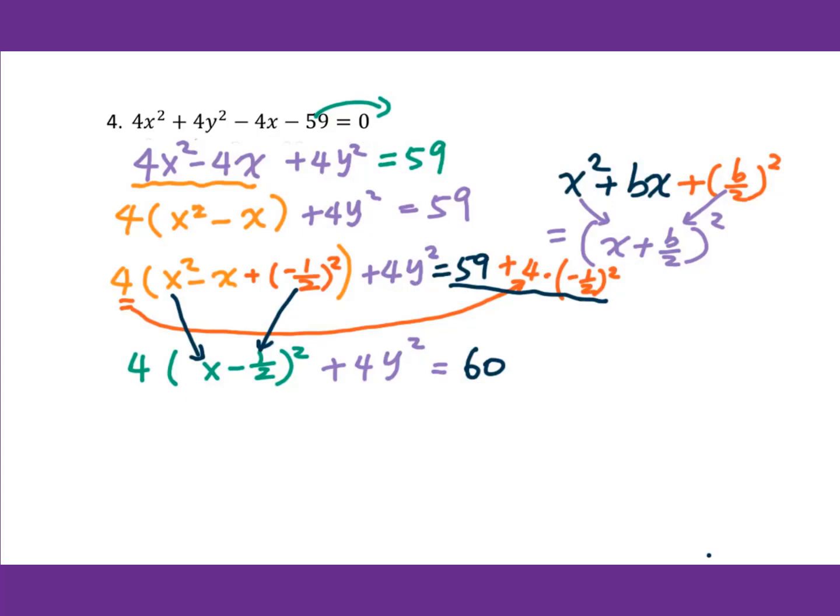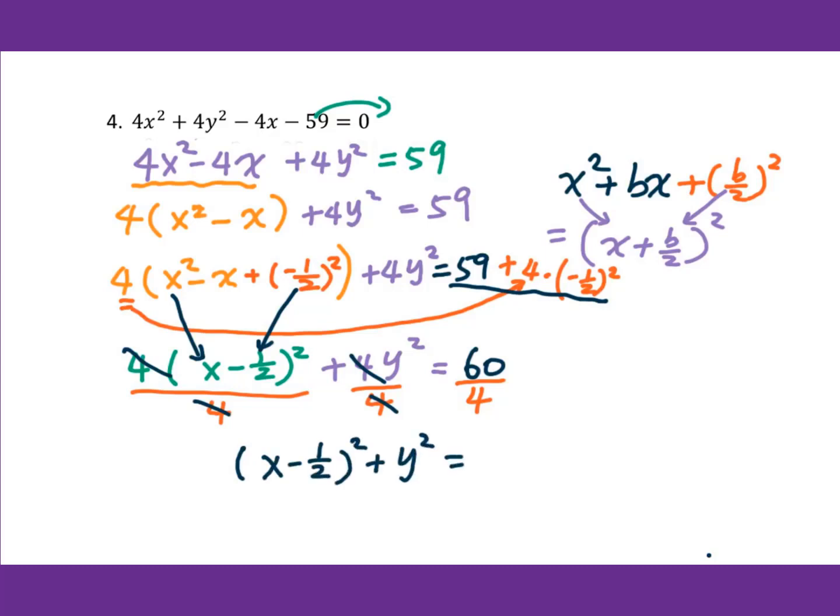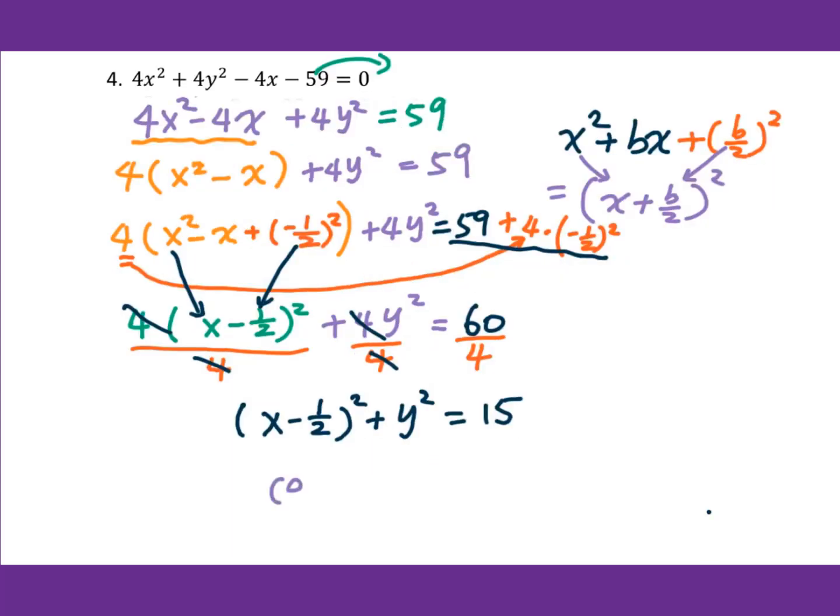Then we divide both sides by 4. You will get x minus 1 half squared plus y squared equals 15. Therefore, the center is 1 half, 0. Your radius equals square root of 15.